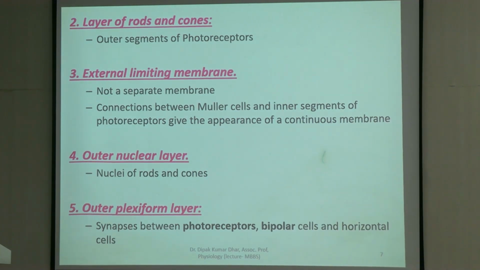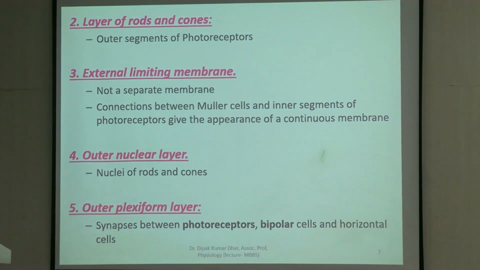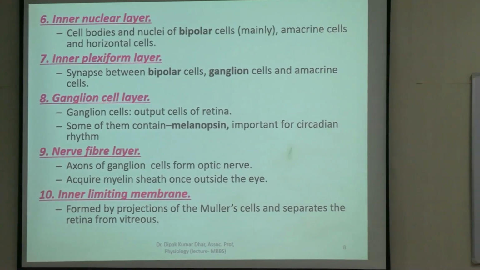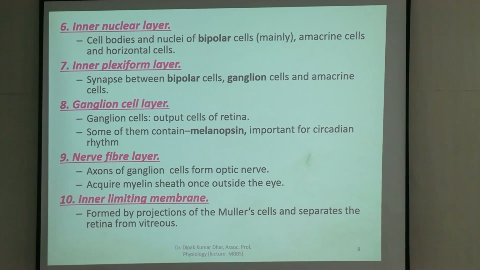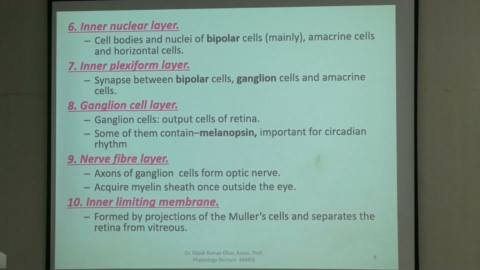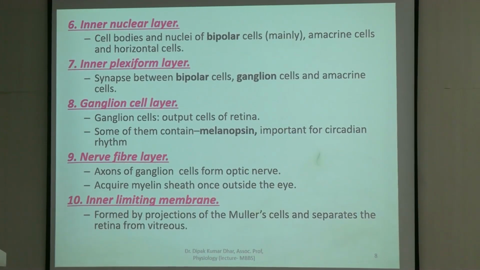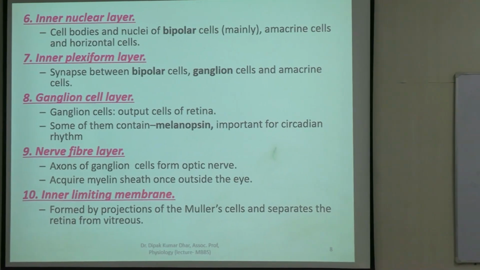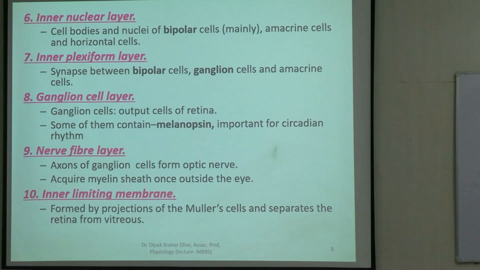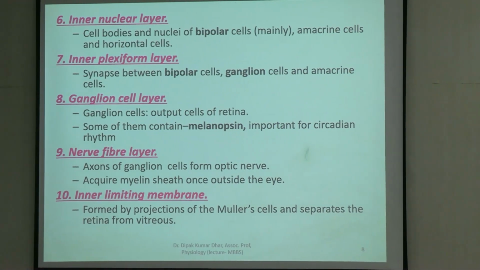The outer plexiform layer is the synaptic layer between photoreceptor and bipolar cell, with horizontal processing by horizontal cells. The inner nuclear layer has the nuclei and cell bodies of the bipolar cells, followed by the inner plexiform layer, the synapse between bipolar and ganglion cells, where lateral effect is done by amacrine cells. Ganglion cells are the output cells of the retina, the final cells.